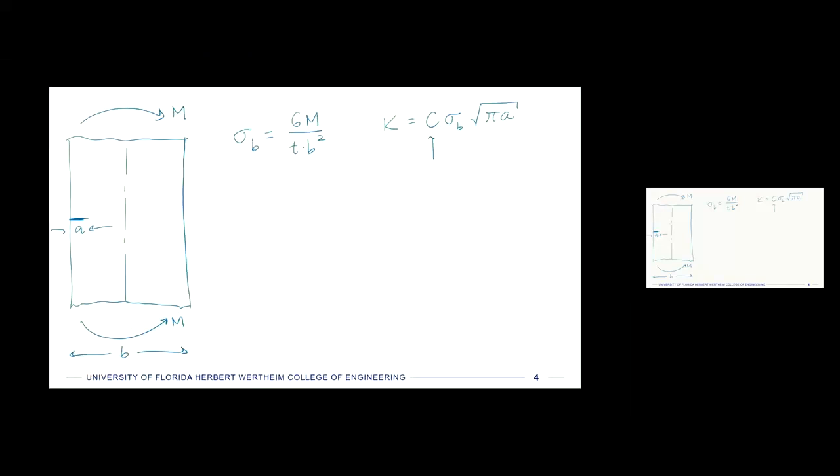Okay. So what we're going to do is actually calculate both, okay, and then superpose them. So the K1 total is going to be equal to the K1 for the tensile mode plus the K1 for the bending mode.